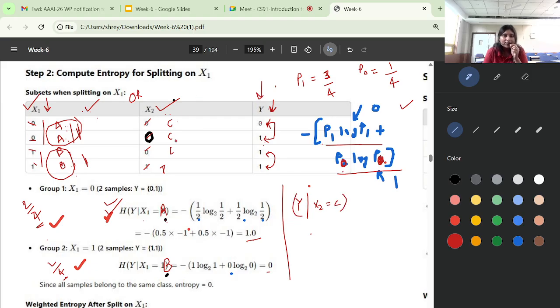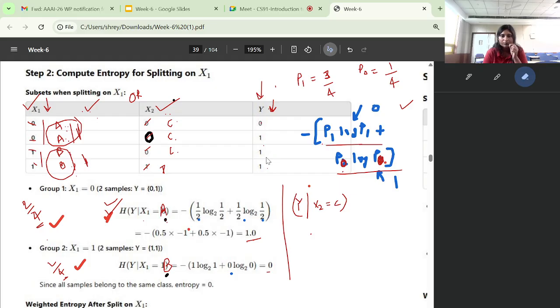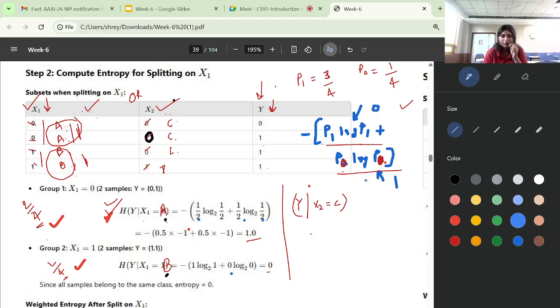Because c has these 3 values, here I can say P0 is 1 by 3, P1 is 2 by 3. Now put this P0 and P1 in this formula, you will get some value. It will not be 1, it will not be 0, it will be some decimal point value. So I am assuming that value as alpha.